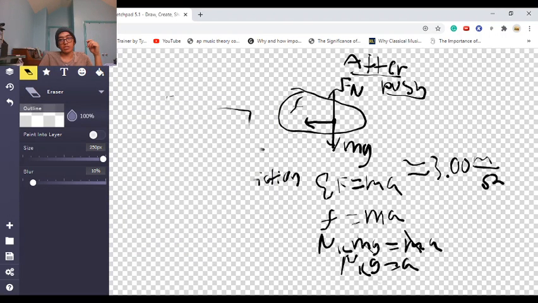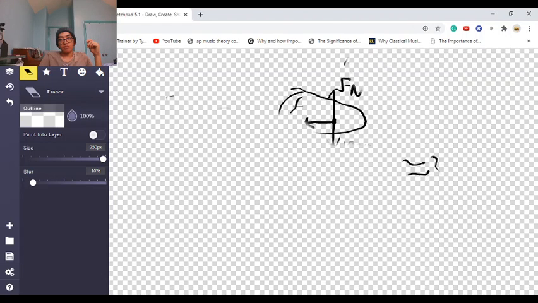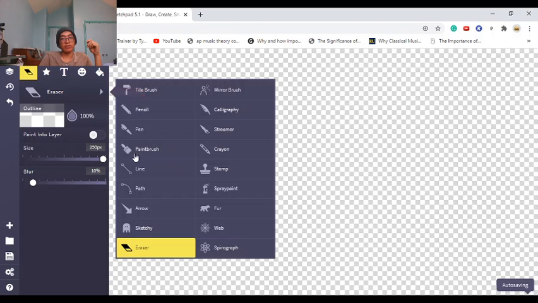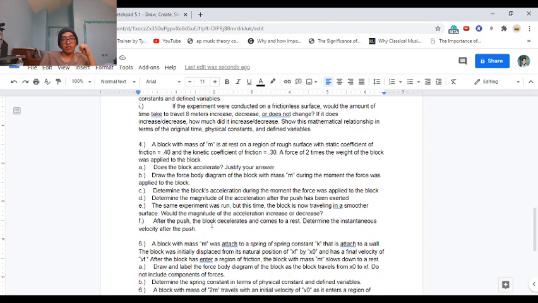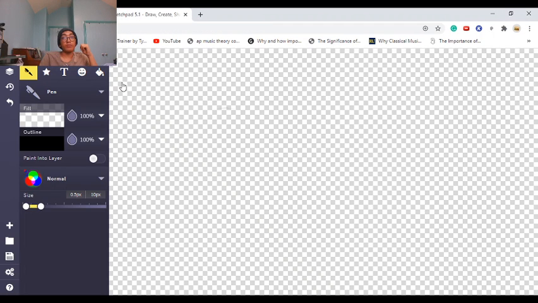It's a constant deceleration, actually. Because it is a constant acceleration and it is a one-dimensional motion, we can use kinematics. It asks us to find the instantaneous velocity, but we don't have time, and because of that, we can only really use one equation.